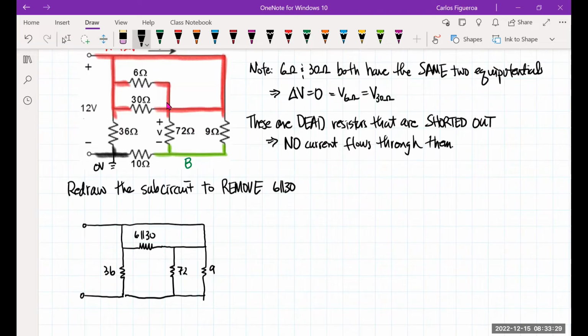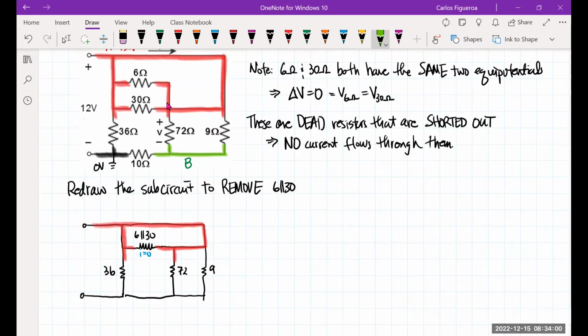So if I start to look at this guy, what am I seeing here? What I'm seeing here is that I have my red node right here. And so that means that the current that's going through this 36 here is 0. So this branch right here gets taken out.